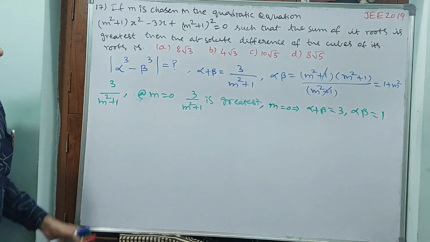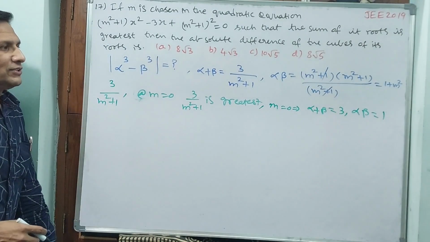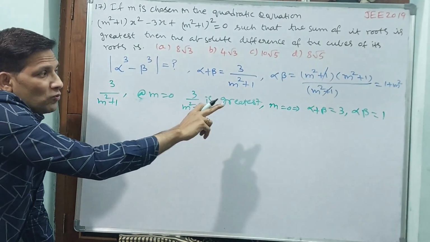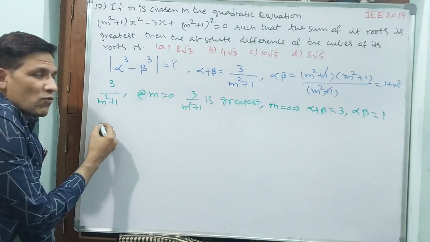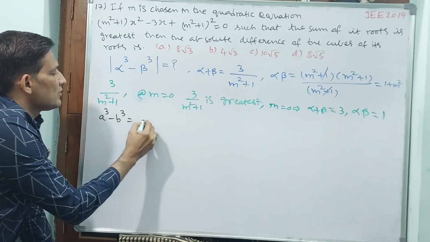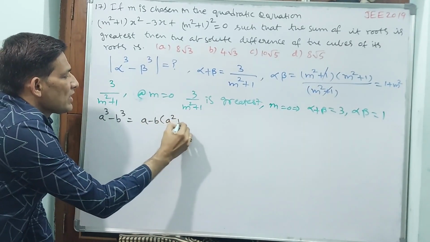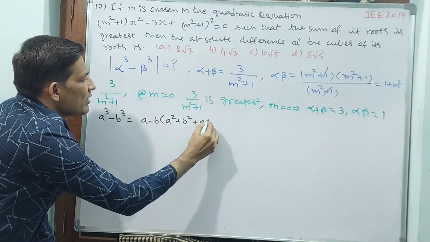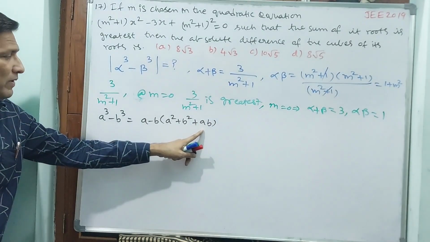Now go back again. What are they asking? They are asking alpha cube minus beta cube modulus. You have got only these two, but they are asking this. How are you going to get it? We know one formula. A cube minus b cube is equal to a minus b into a square plus b square plus ab. Here 2ab will not come, don't forget.